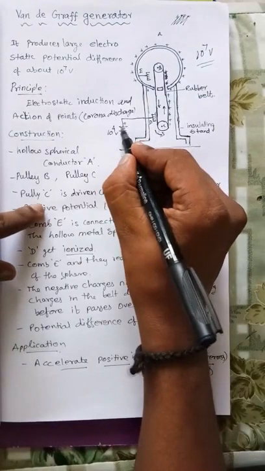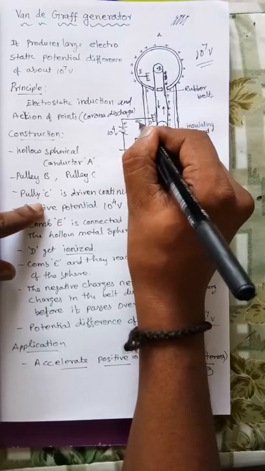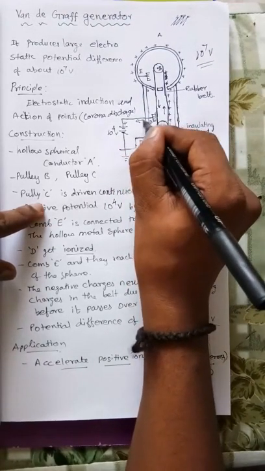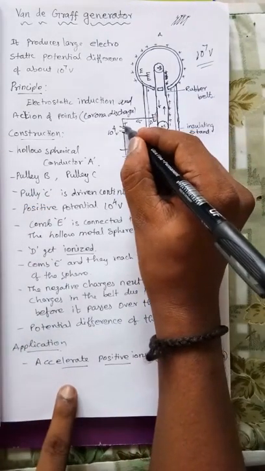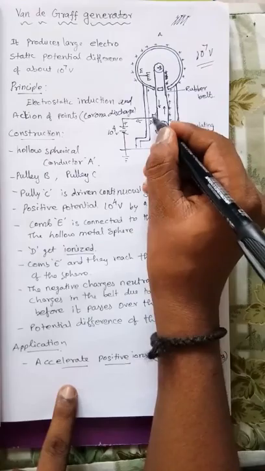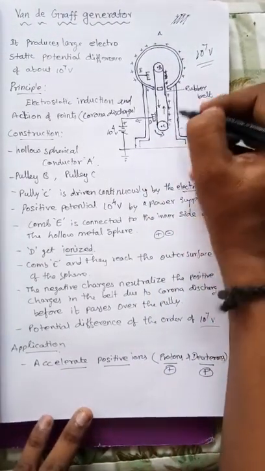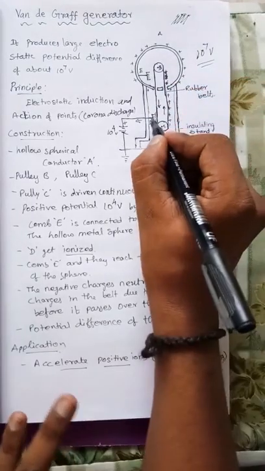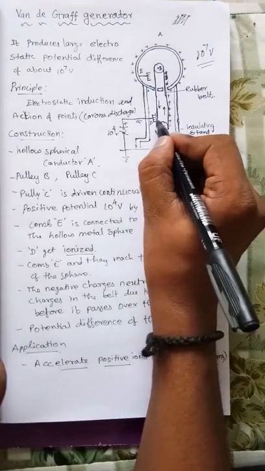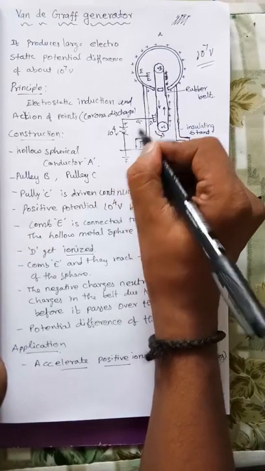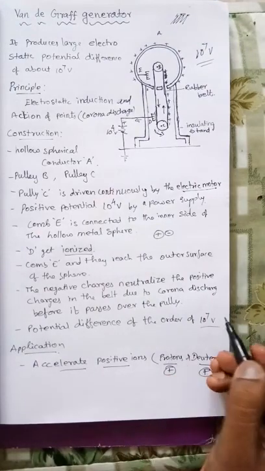Because this battery is positive, so it attracts only negative charge, and negative charge would not be accelerated. Protons and deuterons are positive and can easily accelerate. An electron cannot accelerate because it is attracted by the ground, so it is neutralized. Only positive charge can accelerate.